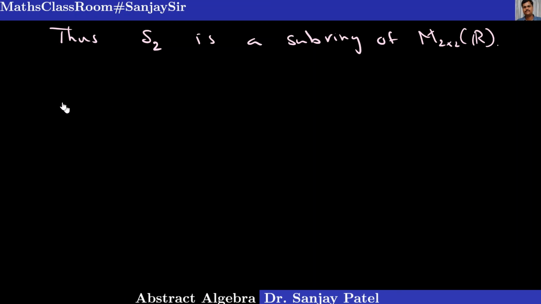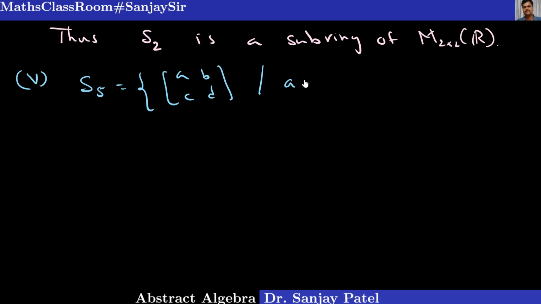S5 is equal to the set of all 2 cross 2 matrices such that A into D minus B into C is not equal to 0. In short, if you take two non-singular matrices, then we must check whether their multiplication and addition is also non-singular. Is it true?